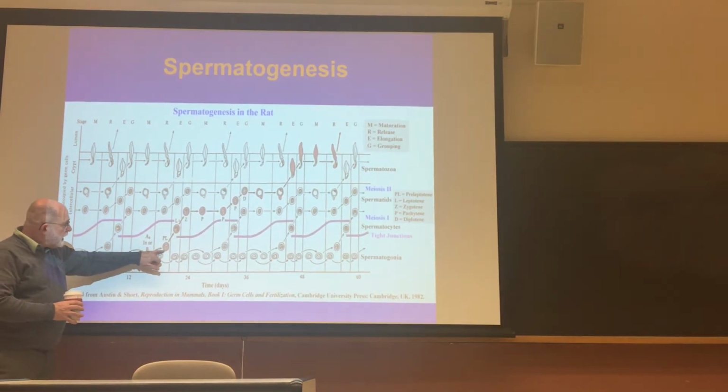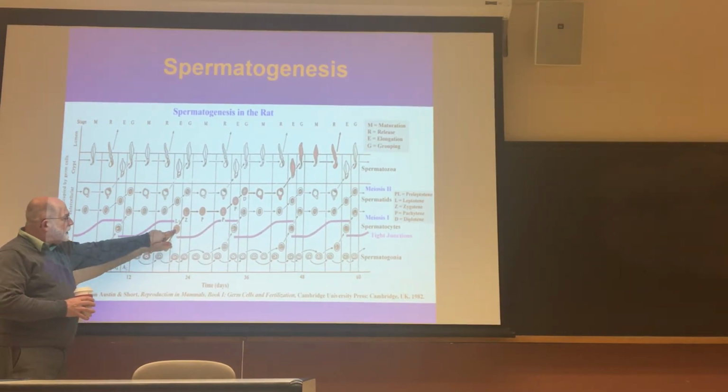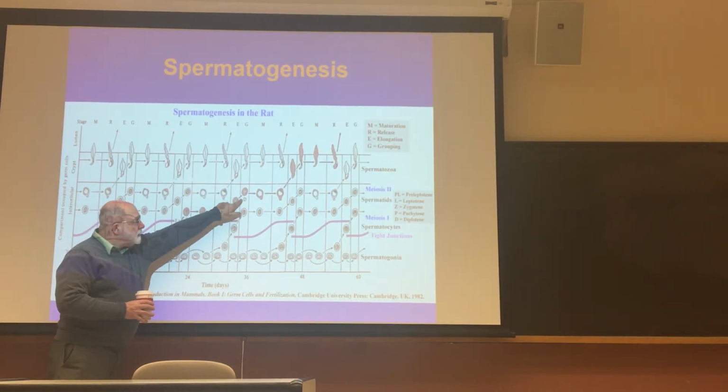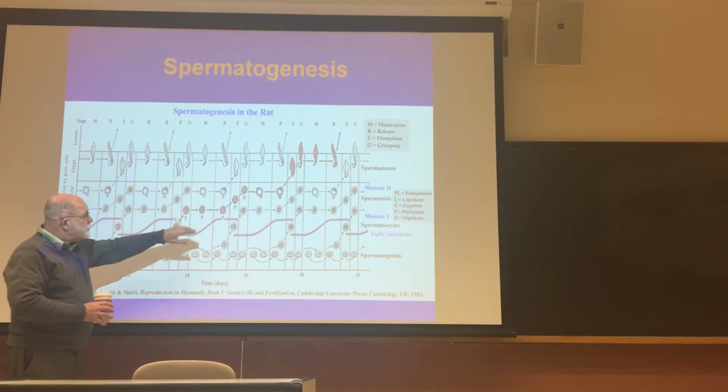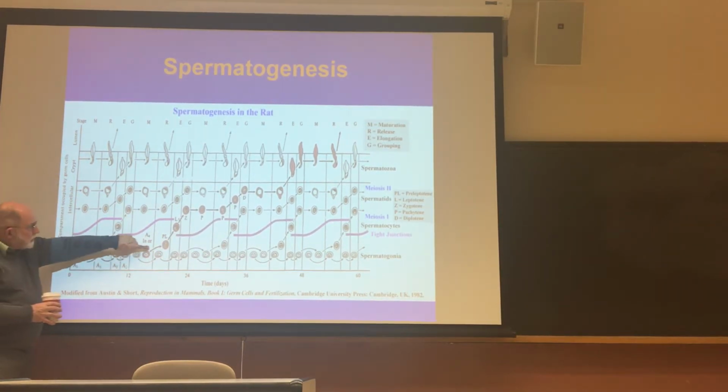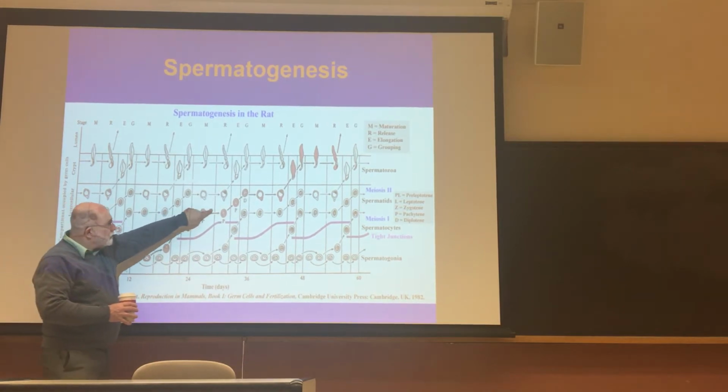And they will get into the preleptotene, leptotene, zygotene, pachytene, and diplotene stages of meiosis 1. So here's meiosis 1.